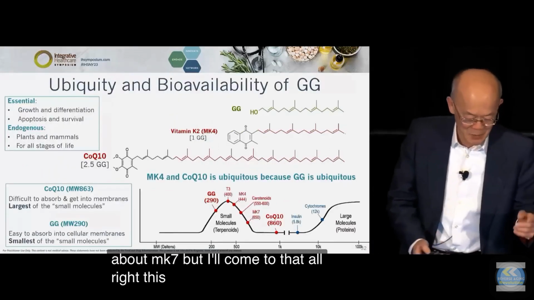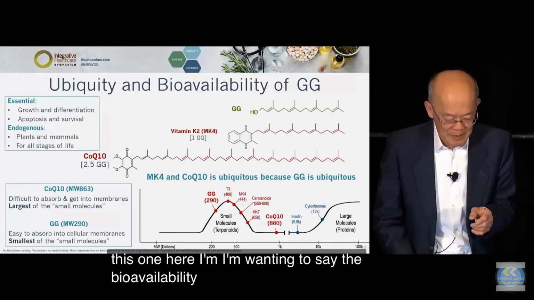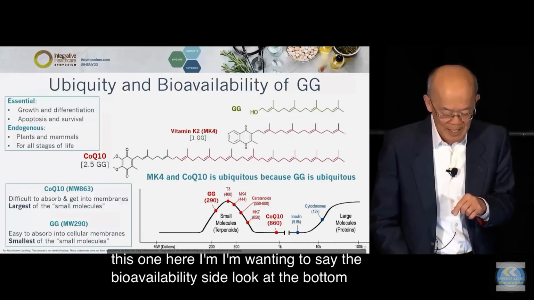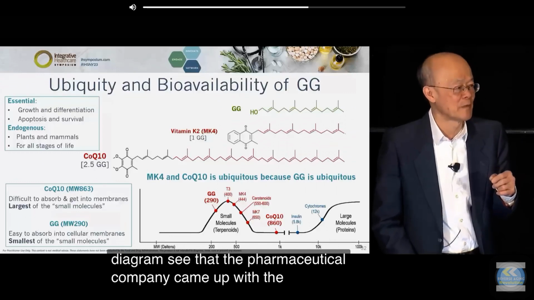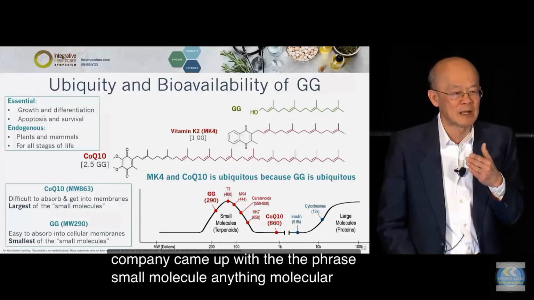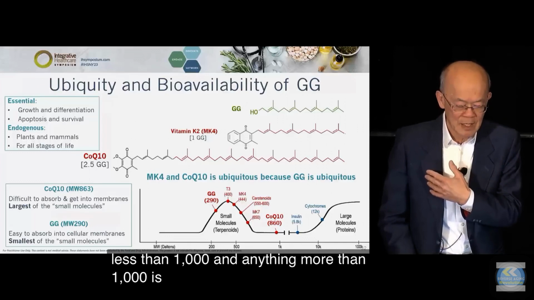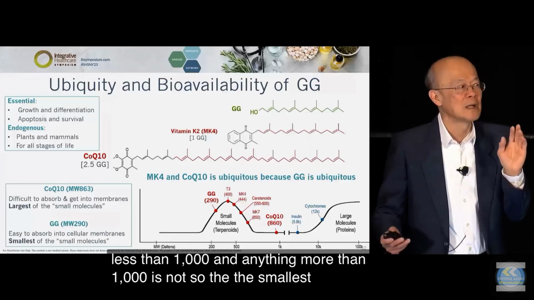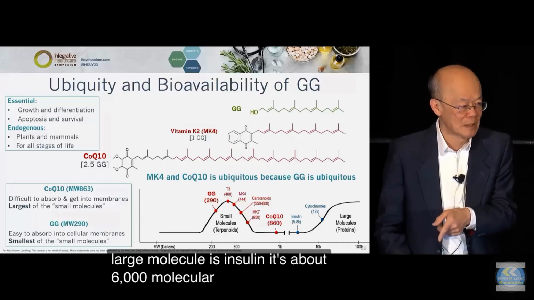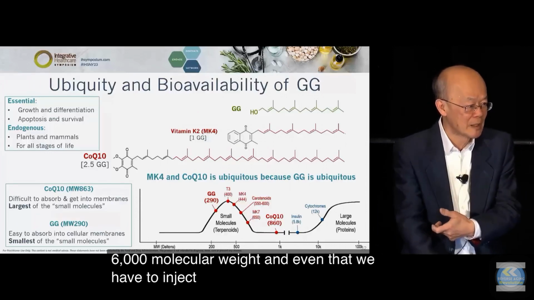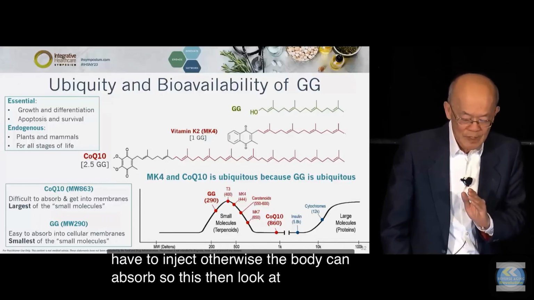All right, this one here, a little bit more. I want to say something about the bioavailability side. Look at the bottom diagram. See that? The pharmaceutical company came up with the phrase small molecule: anything with molecular weight less than 1,000, and anything more than 1,000 is not. The smallest of the large molecules is insulin. It's about 6,000 molecular weight, and even that we have to inject, otherwise the body can't absorb it. Then look at the small molecules.